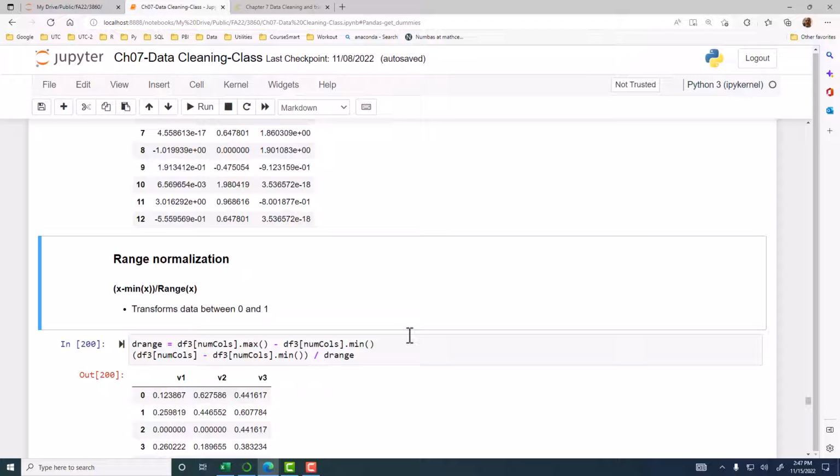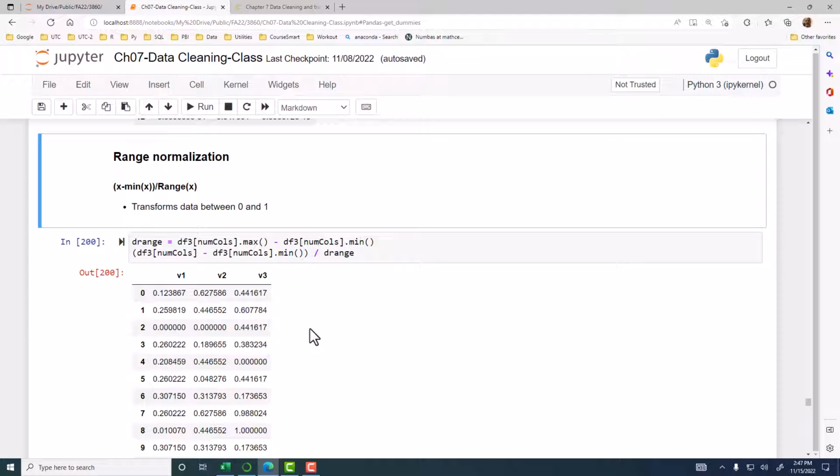So it transforms data between 0 and 1, and again you do the same sort of stuff. Well, you could do all of this in one line, but I did it in 2 lines. You find the range, and then each value minus the min, right, divided by the range.